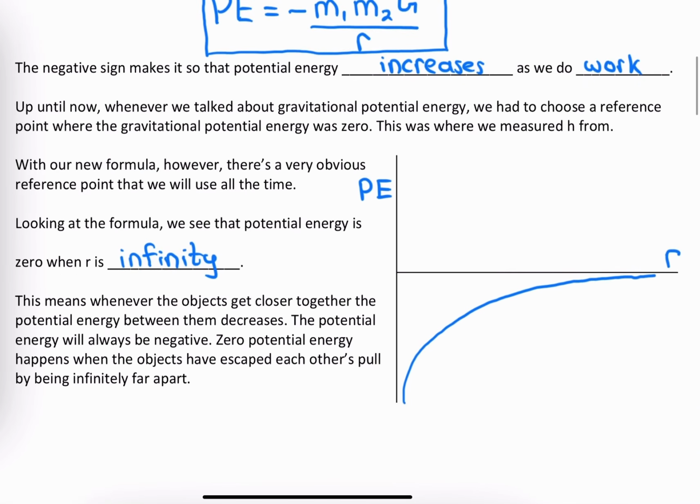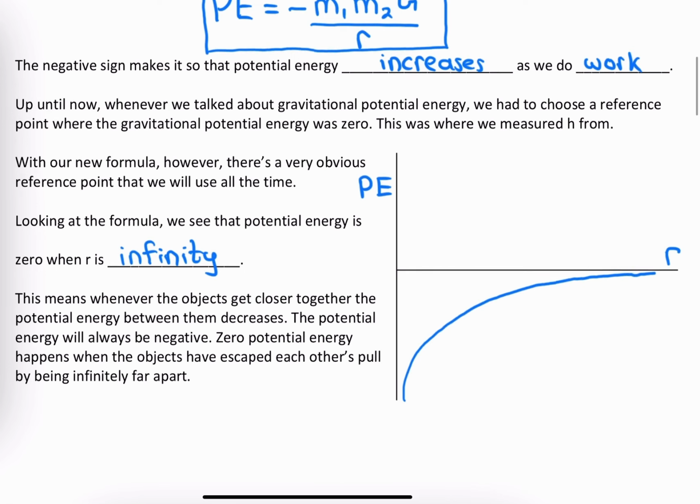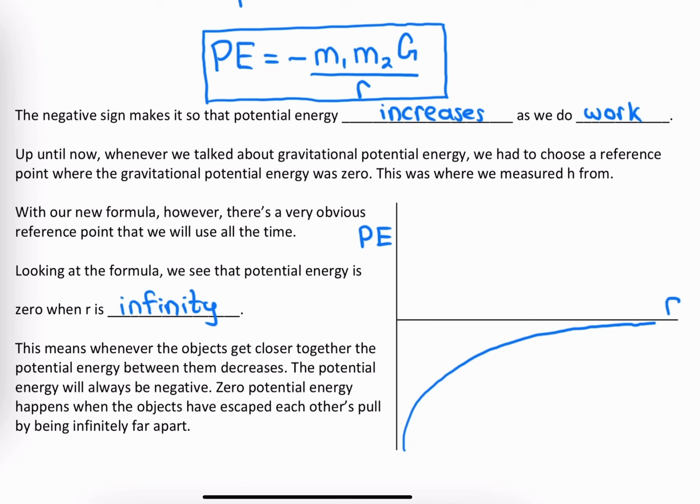Okay, so with this in mind, let's look at a problem or two. Now, one thing I'll say is, you might be thinking about this and saying, well, you can never have two objects infinitely far apart because the universe has a finite size. So to take two objects and put them infinitely far apart, one of them would have to be outside of our universe.